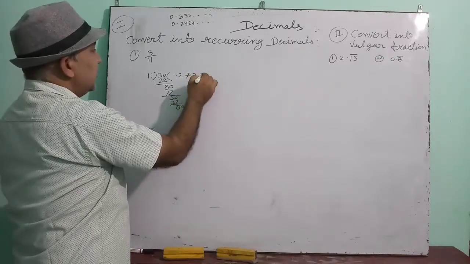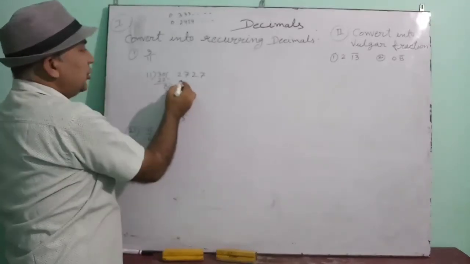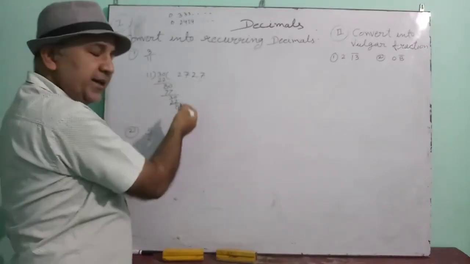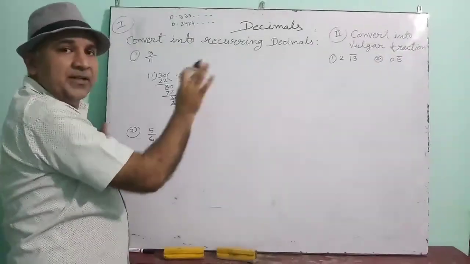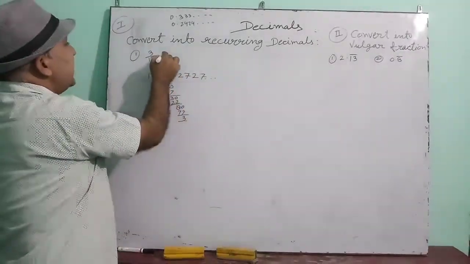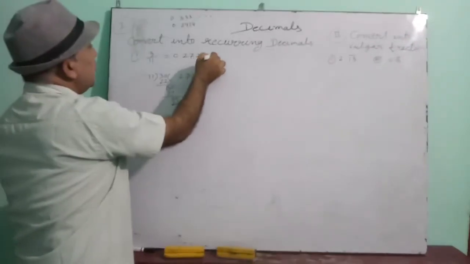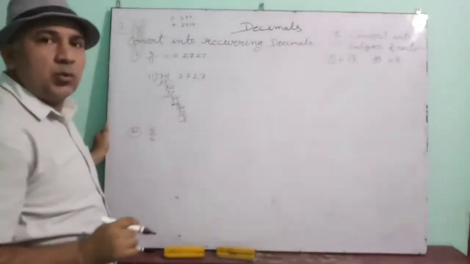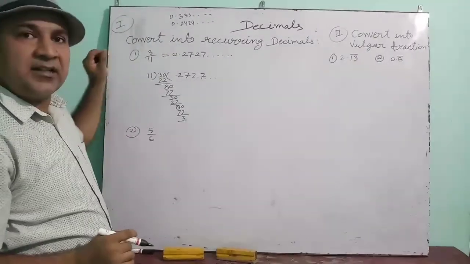You can see very easily that it is 2 7 2 7. Again if you divide more, 2 7 will be repeated. That means when you solve 3 by 11, it will be 0.2727 and so on. You have converted your number into a recurring decimal.